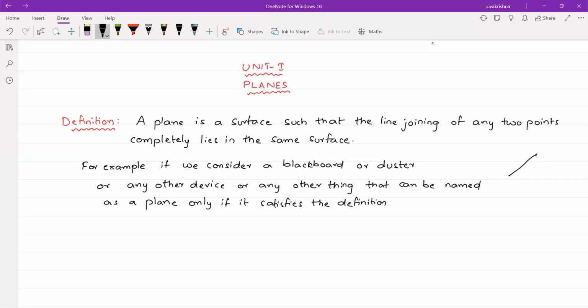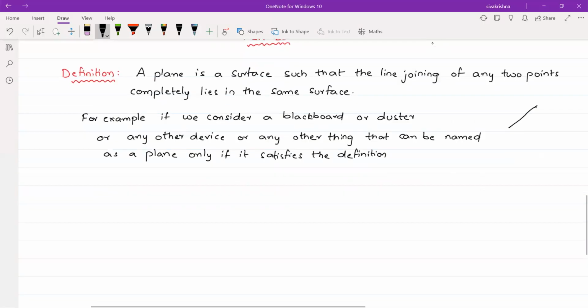If you want to say that particular thing is a plane, it should satisfy the definition. The definition is we have to consider 2 points on that surface. Then the line joining those 2 points should completely lie in the same surface. Then we say that that particular surface is a plane. Okay, right.